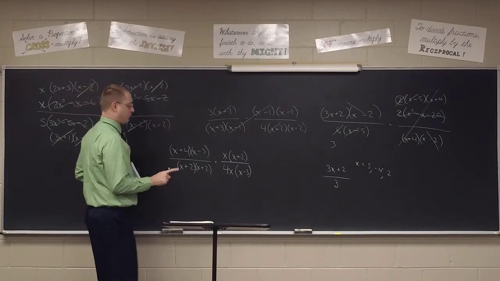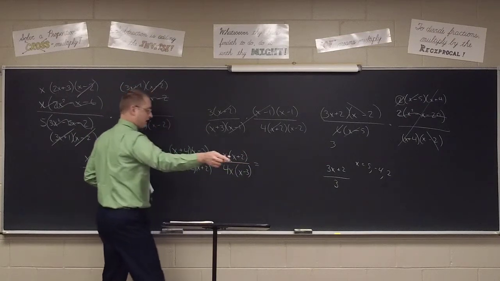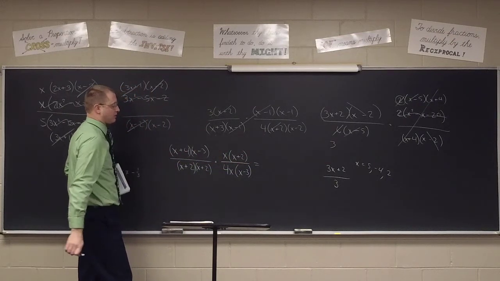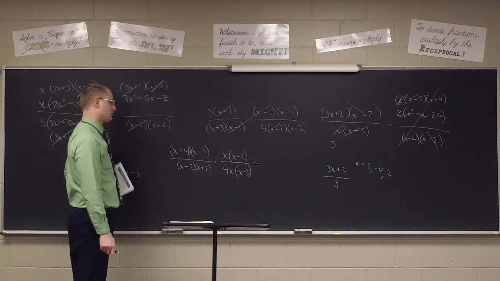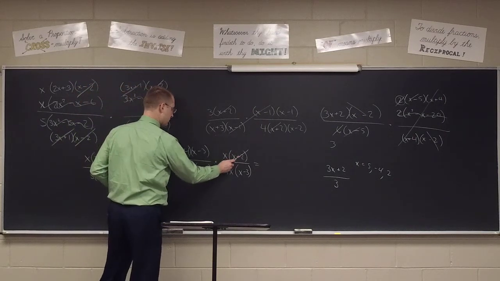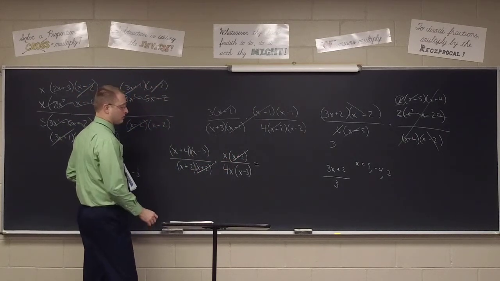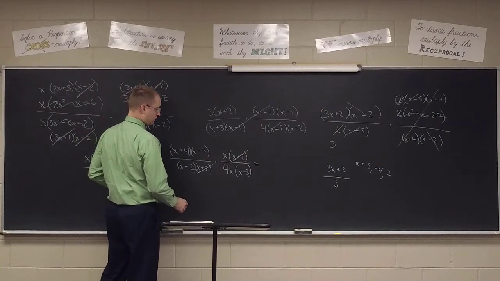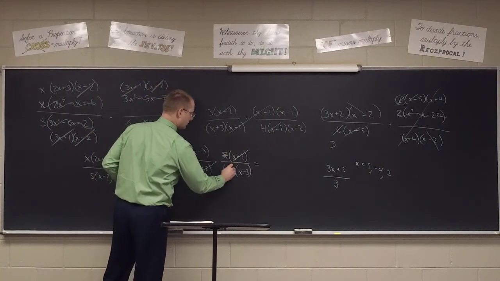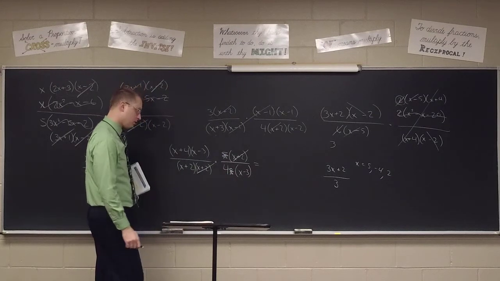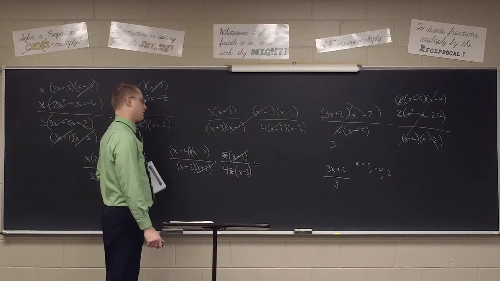So, yeah, careful here. If this were the factored form, Brecken, picking it up from right here, what should we have canceled away? X positive 2's. The x and the x with the 4x, there we go. X negative 3's.